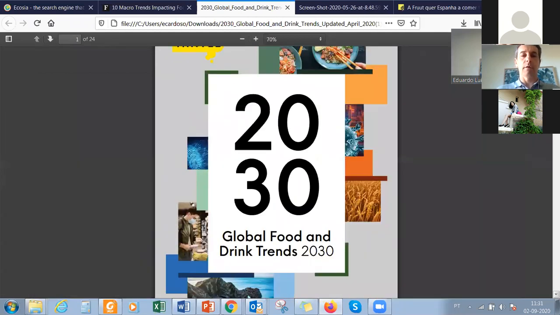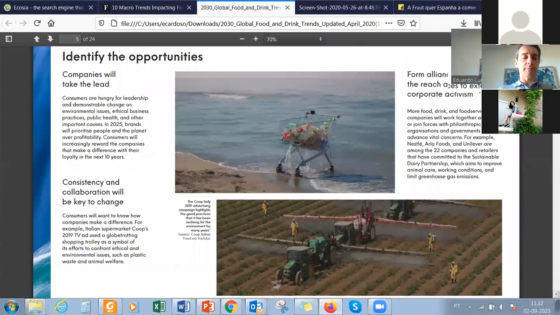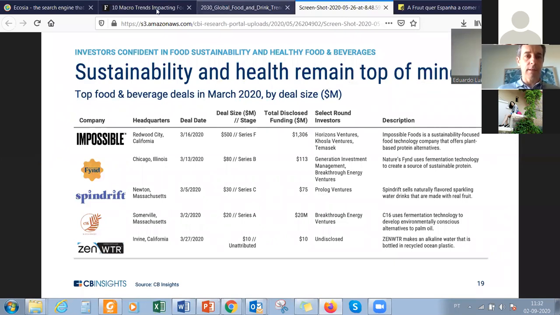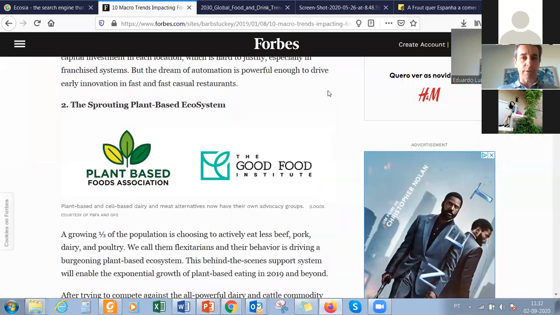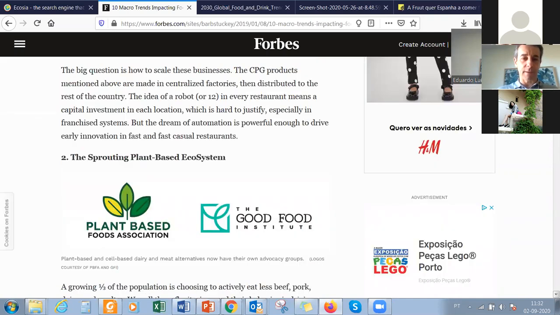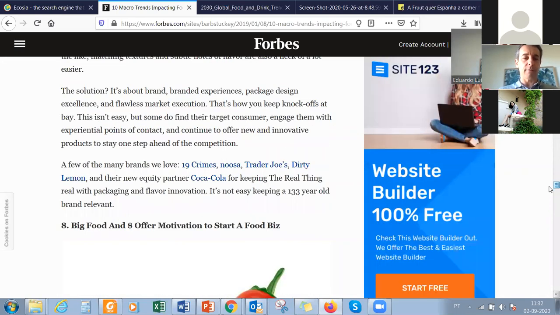So, 2040 global food and drinks trends, and they have quite generic but quite well identified trends. Those are from CB Insights. Those are macro trends from Forbes. Also, plant-based protein is a trend. So as I mentioned, we can find different interesting sources.